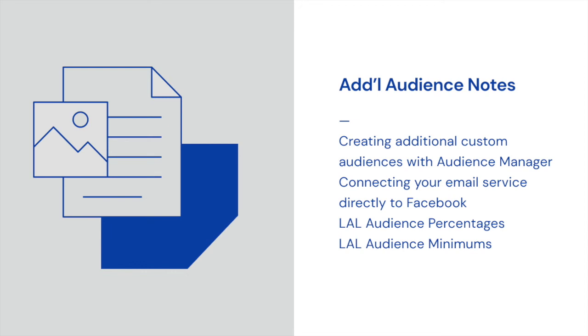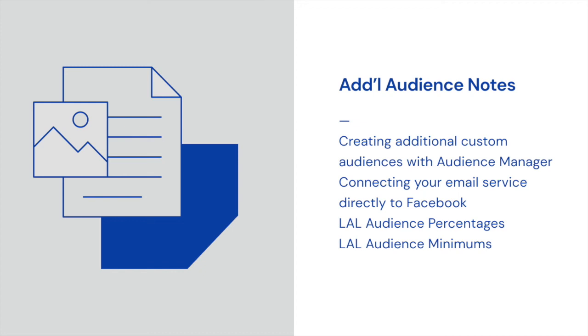There's a ton of email service providers, and almost all of them have a way to connect directly into Facebook, to both send email information into Facebook for audience creation purposes, or to collect lead information out of Facebook and send it into your email service provider. So there's a variety of connection points. We'll provide a couple of resources on that for the main email service providers in your supplementary materials, so make sure to check those out.